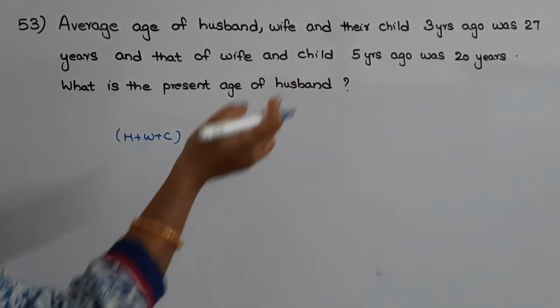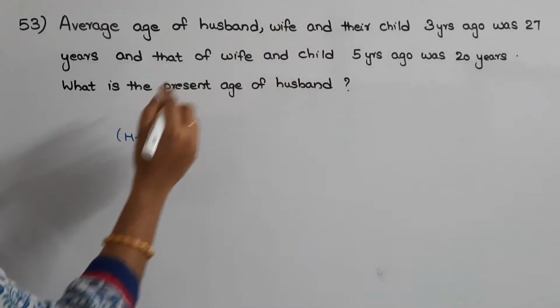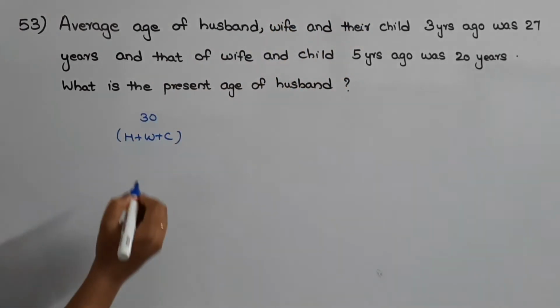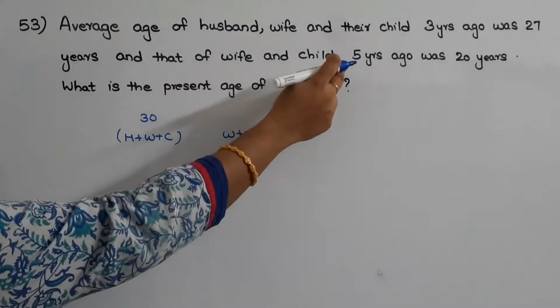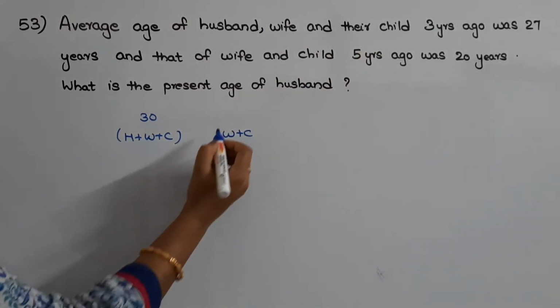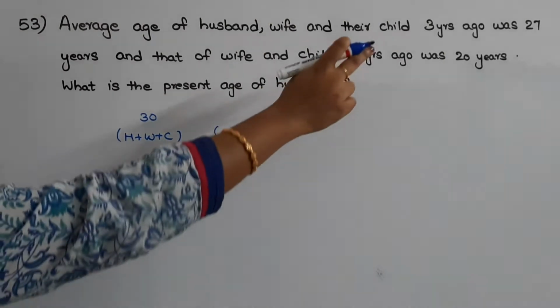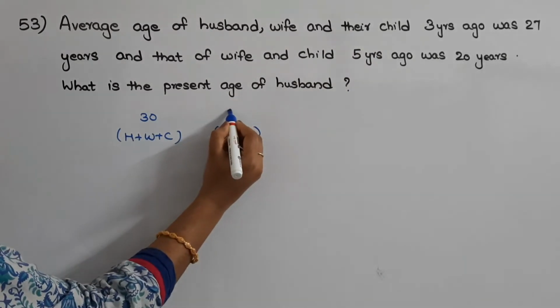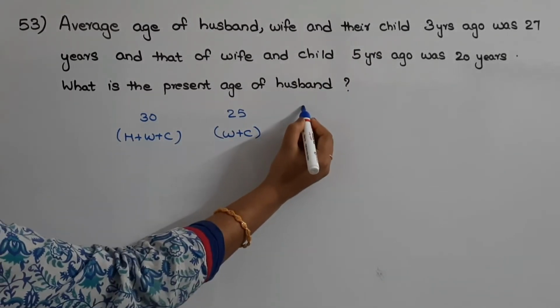New average will be equal to old average plus increase in the number of years. So that is 27 plus 3, that is 30. If the average age of wife and child 5 years ago was 20 years, then at present their average age will be 20 plus 5, that is 25. So we need to find out the present age of husband.